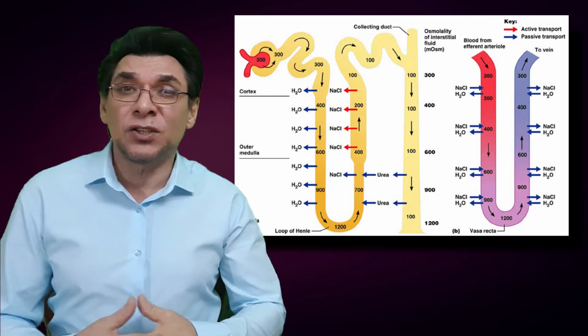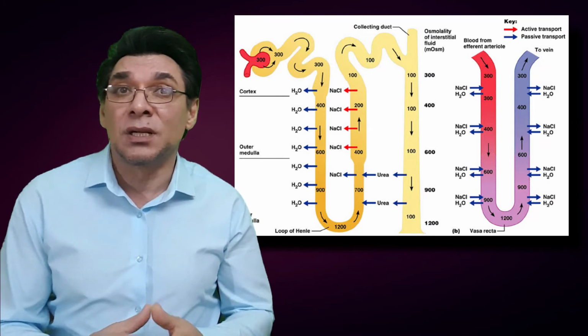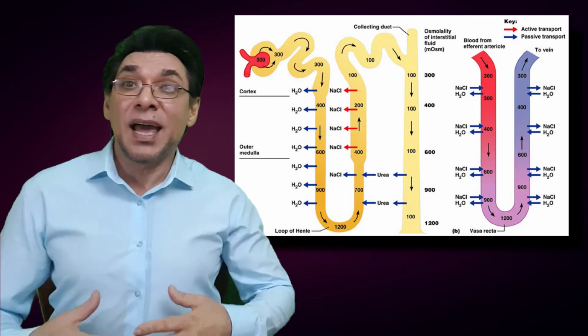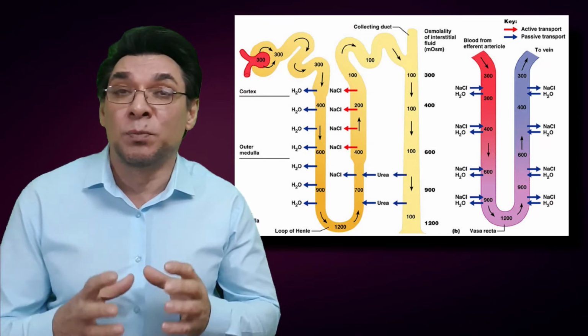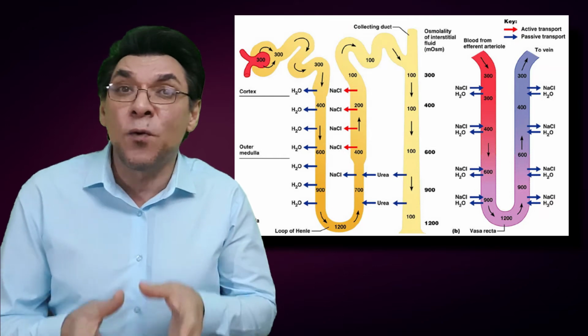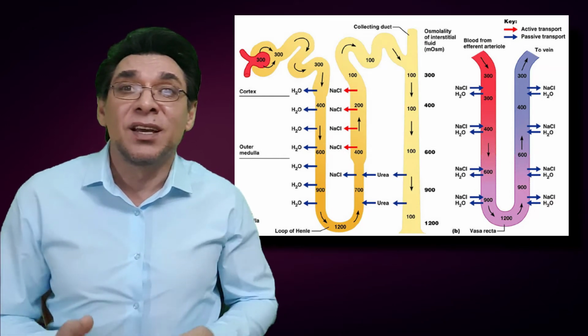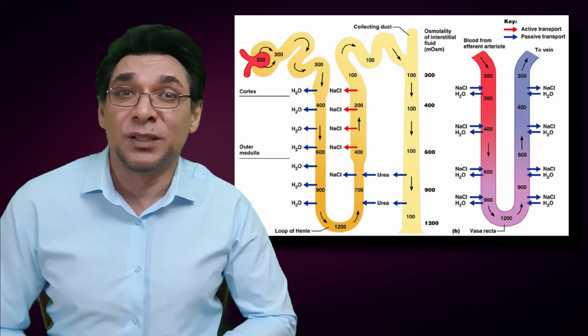Because of the efficient removal of these solutes, the highly concentrated filtrate that enters the ascending limb of the loop of Henle is converted to a dilute solution by the time it reaches the distal convoluted tubule.